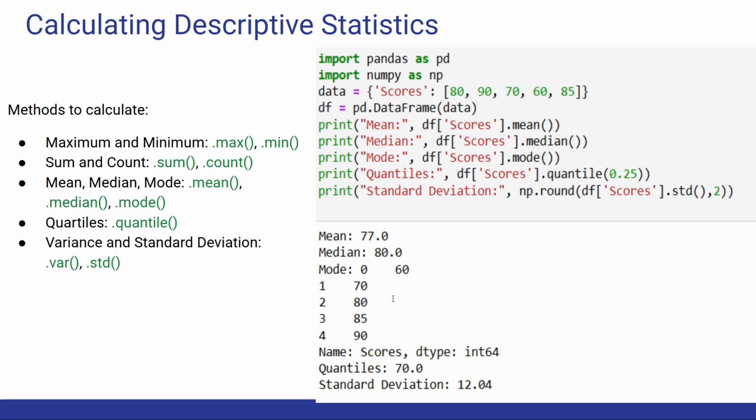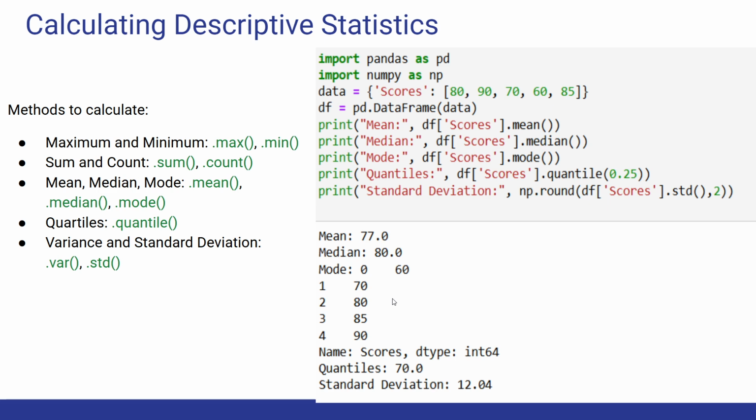We can quickly understand the distribution and variability in our data. For example, with just one line of code, df.describe, you get an entire summary of your data set. This is incredibly useful when exploring new data or performing quality checks.